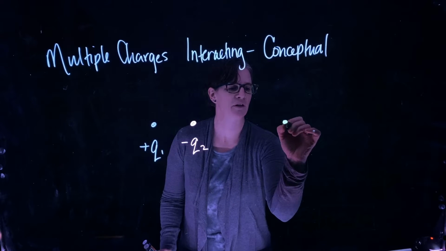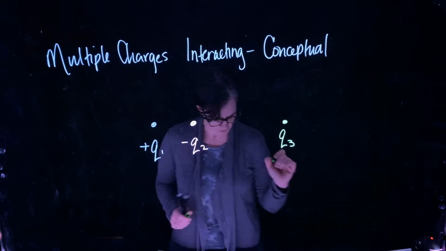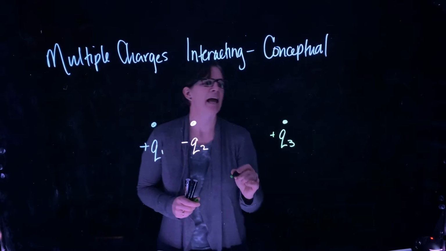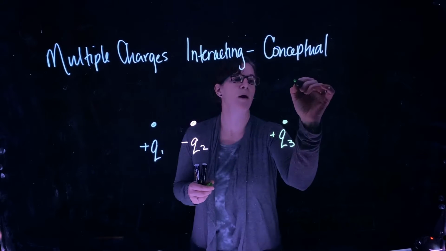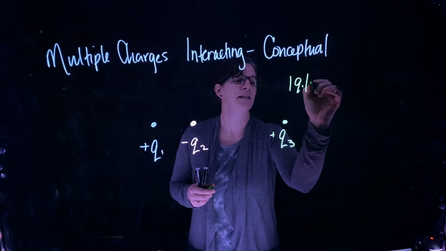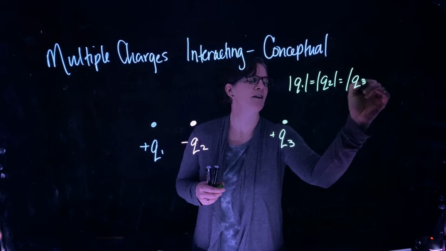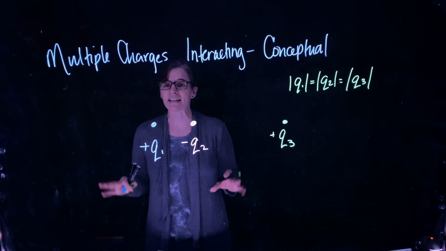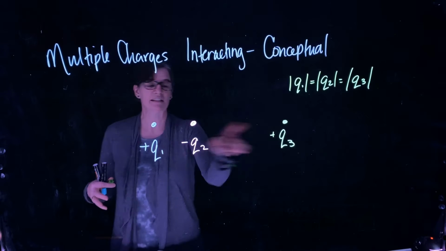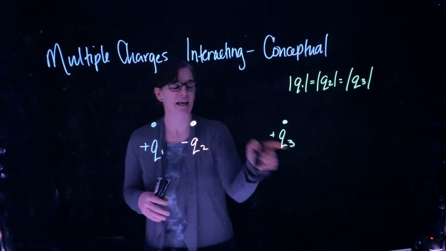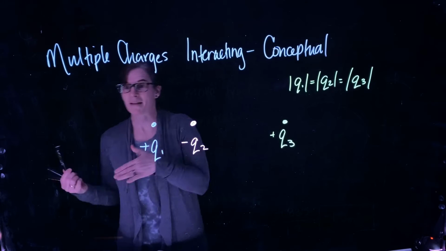I'm going to put Q3 over here, and we'll say Q3 is also positive. The magnitudes of Q1, Q2, and Q3 are all going to be the same. So we have the same strength of charge, just different locations relative to each other, and some are positive and some are negative.